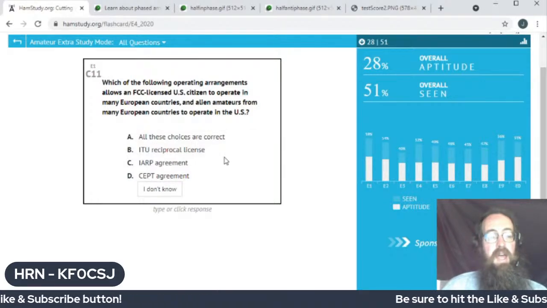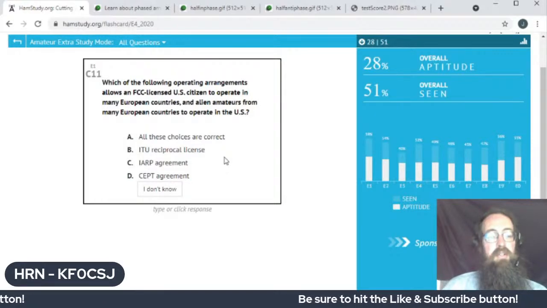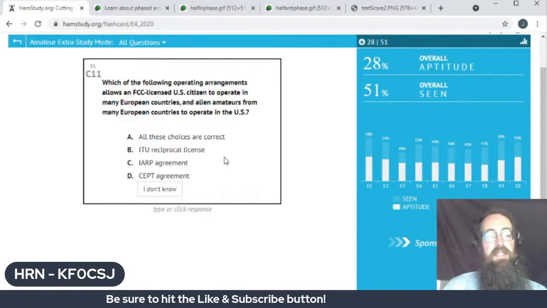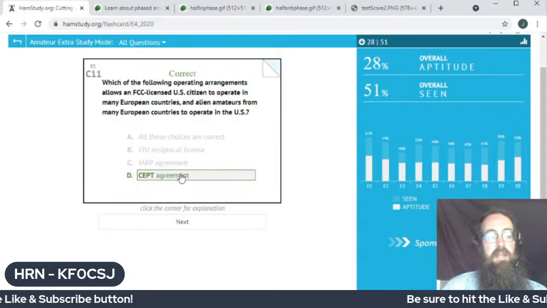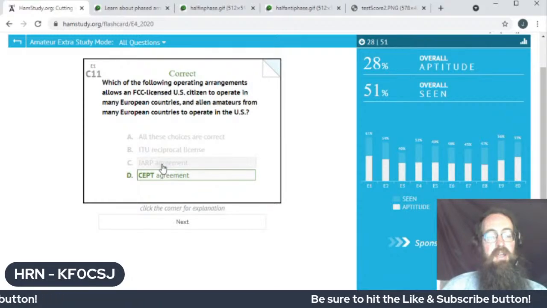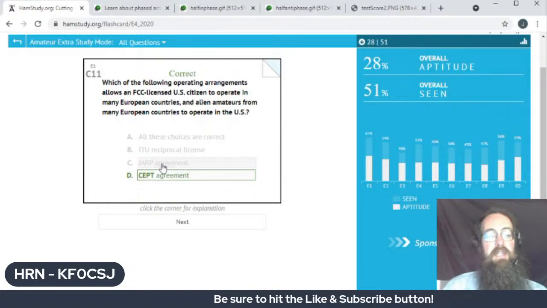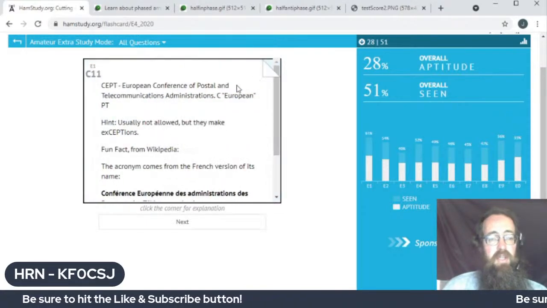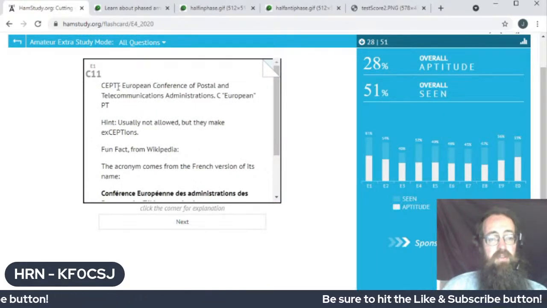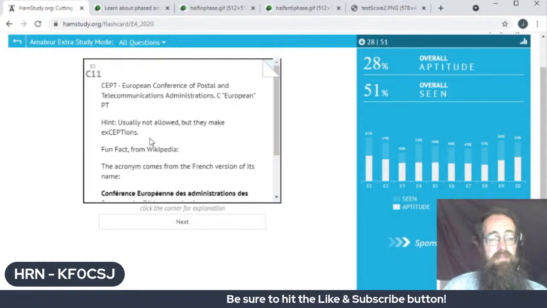C, IARP agreement. D, CEPT agreement. I'm going to go with CEPT. I believe IARP is for the Americas. Yep. Conference of European, CEPT.